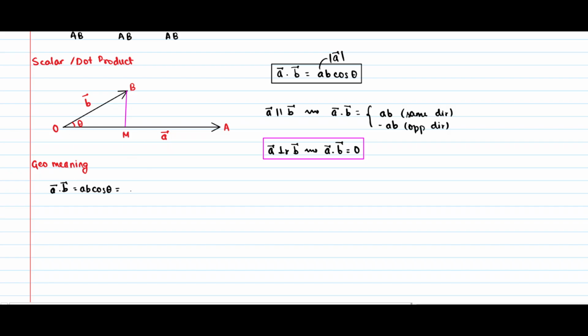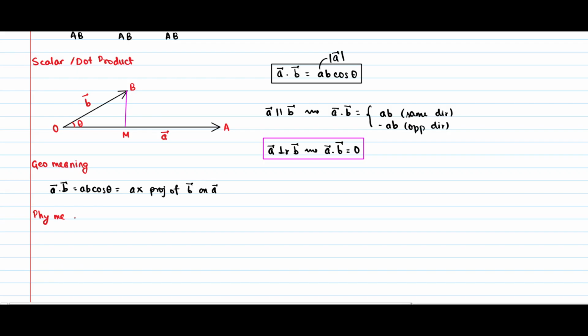So this will be A times the projection of B vector on A, and A is just the length of A. This is the geometrical meaning, which you should have already learned as well.